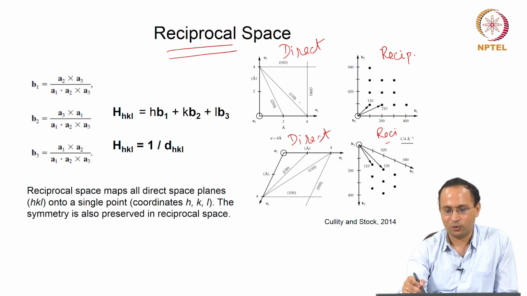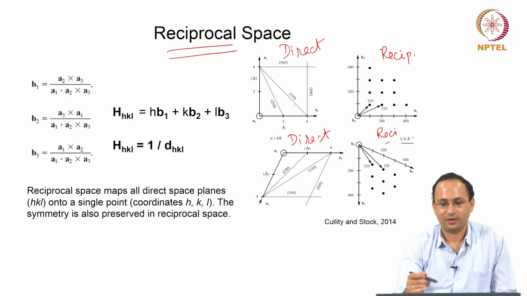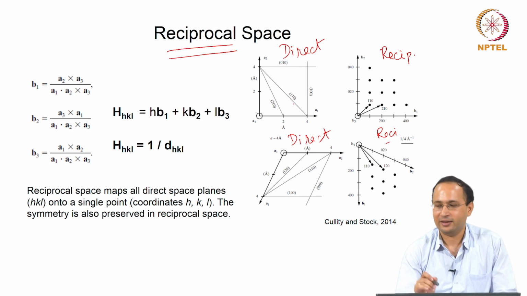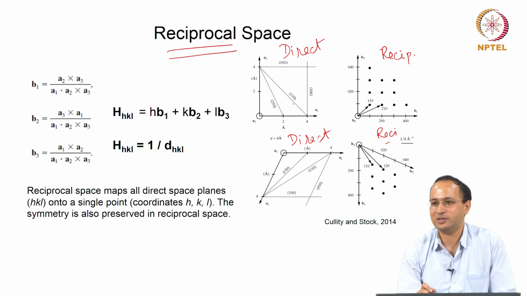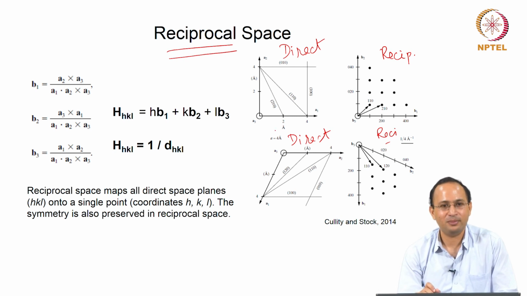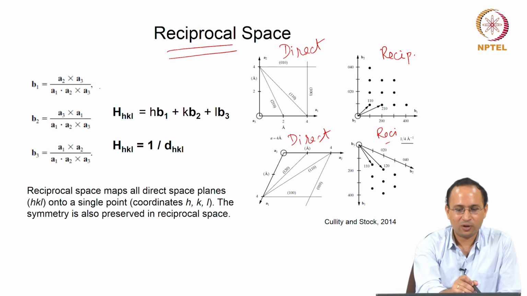The 110 plane will have one intercept with A1, one intercept with A2 and zero, basically a reciprocal, because it is not cutting A3. So 1 1 infinity, you reverse it, you get 1 1 0. Similarly 2 1 0. These are the Miller indices.